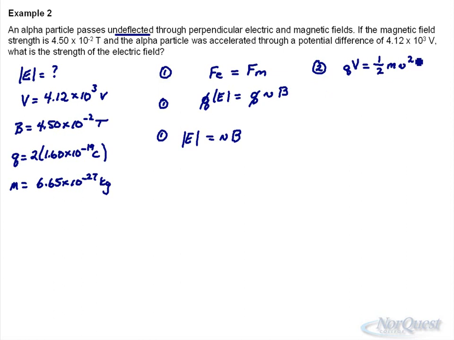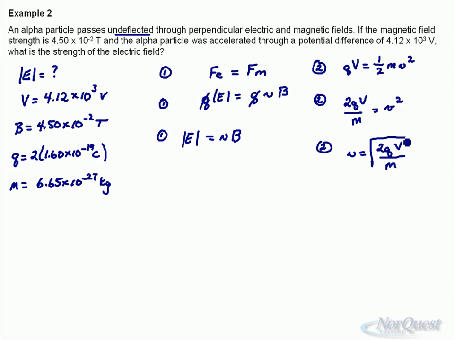So we could manipulate this for velocity. We know the mass, we know the charge, we know the voltage. You might remember this formula now: 2QV divided by m equals v squared. So v is going to equal the square root of 2Q potential difference divided by mass.